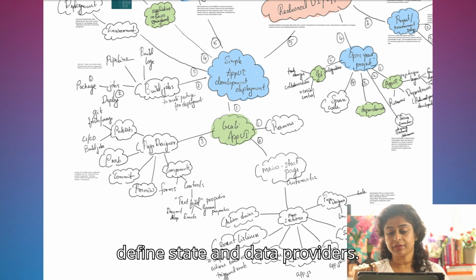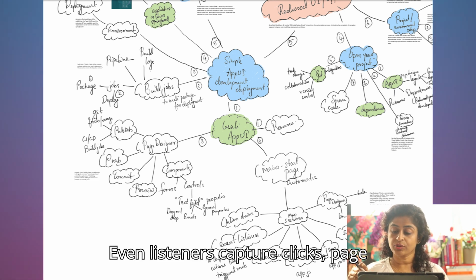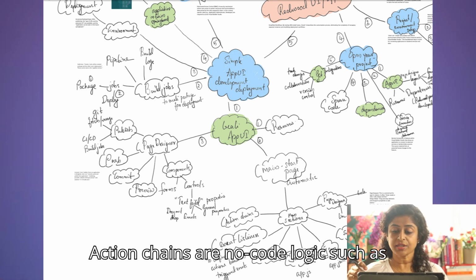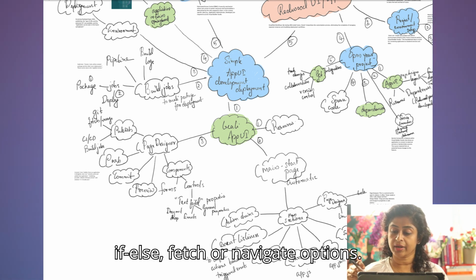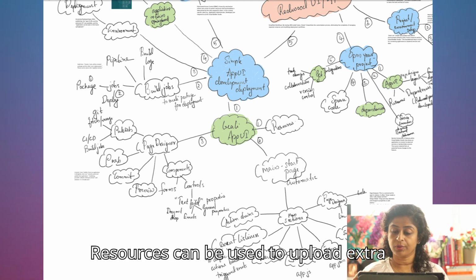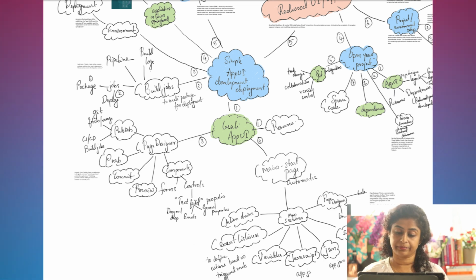Variables you can use to define state and data providers. Event listeners capture clicks, page loads, or other validations. Action chains are no-code logic such as if-else, fetch, or navigate options. Resources can be used to upload extra JavaScript or CSS libraries.